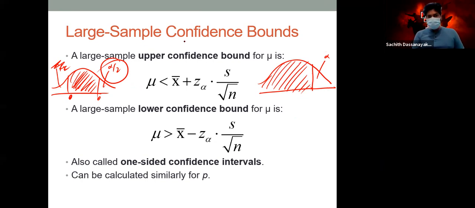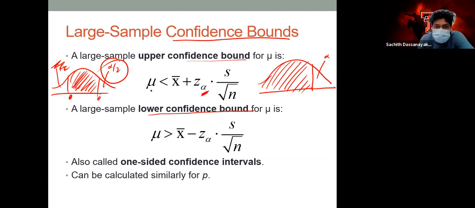Remember that if you need to find the confidence bound, whether upper confidence bound or lower confidence bound, you have to use alpha, not alpha over 2. It doesn't change. So you can find the upper bound, let's say first, the upper bound for mu.